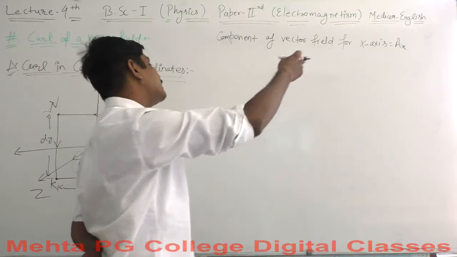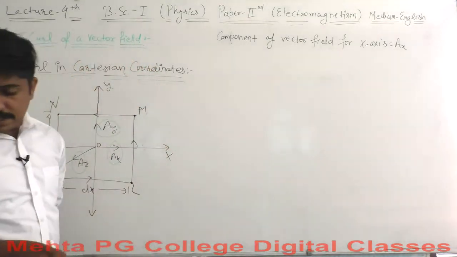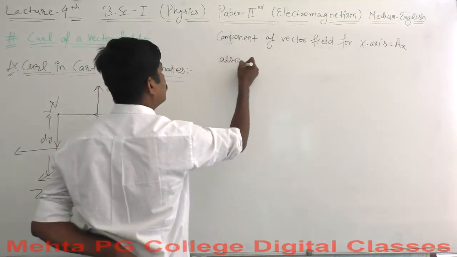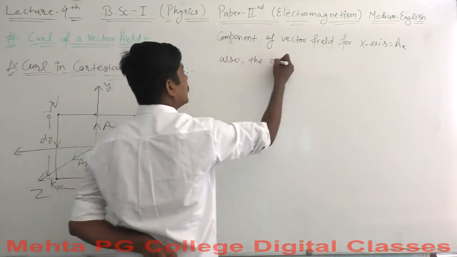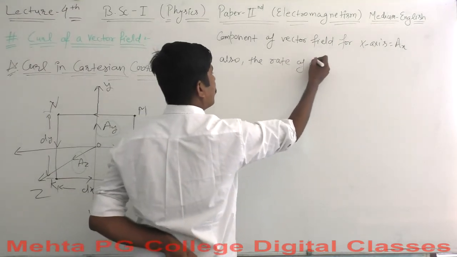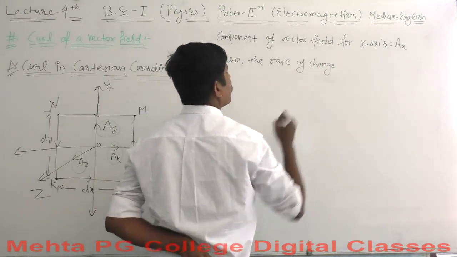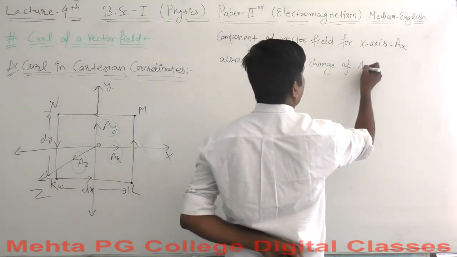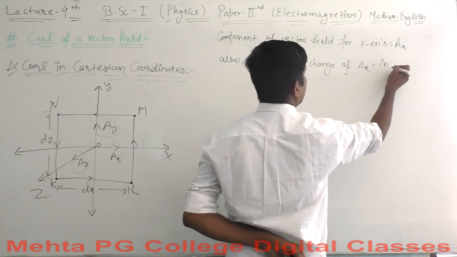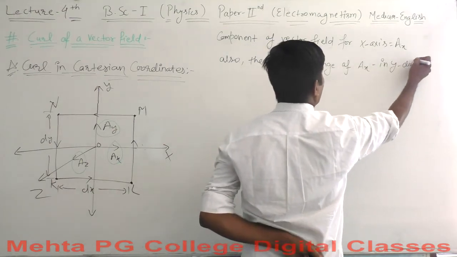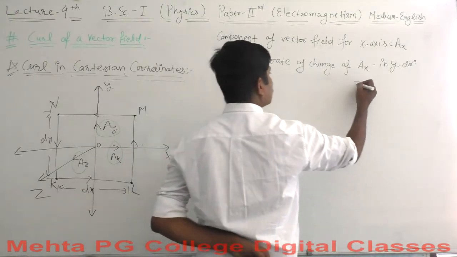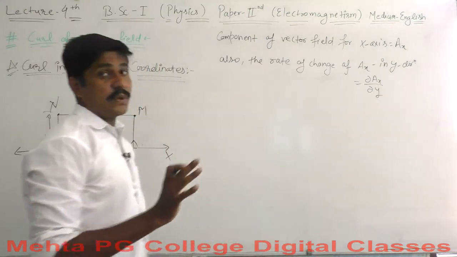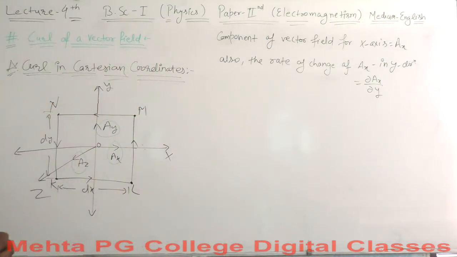This is the component Ax, and also the rate of change of Ax in the y direction. What will be the change? The change must be curly Ax over curly y. Okay, this will be the change, curly Ax over curly y.